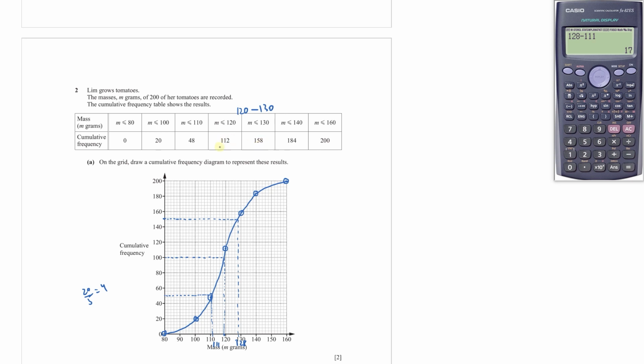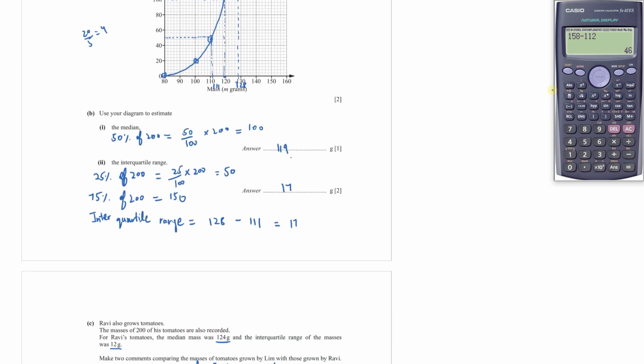So 112 tomatoes have mass less than or equal to 120, and 158 tomatoes have masses less than or equal to 130. So 158 minus 112, 46 tomatoes have masses in the range of 120 to 130.